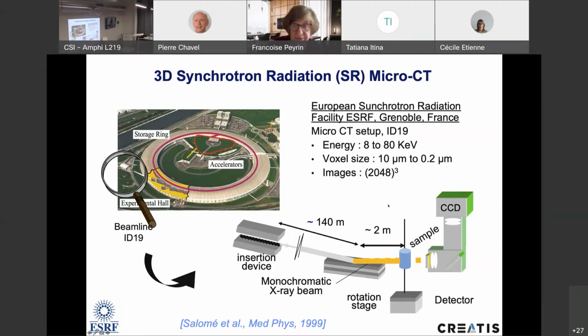This system was developed at the end of the 1990s, and we have been able to obtain images with different voxel sizes, from 10 micrometer to 0.2 micrometer, which is even higher than what you can do with the HR-PQCT system that I just talked about previously.